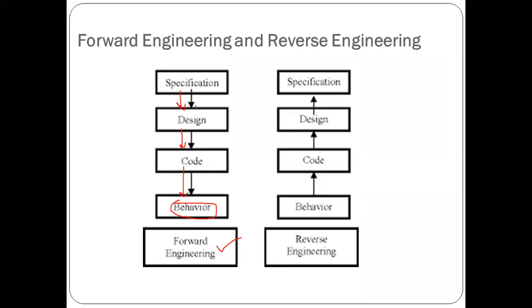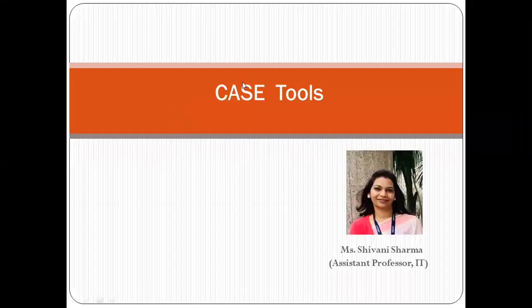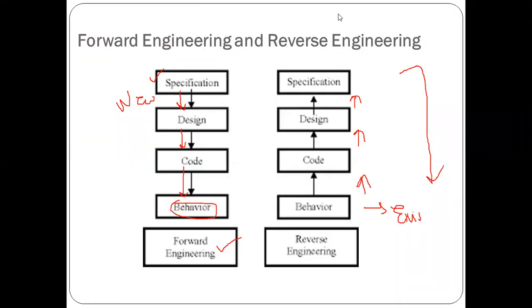Here we are working with the existing system, studying and analyzing it, so we have the opposite approach. We study the behavior, then the code, design and specification. And then we re-engineer it with the help of forward engineering, right? So that's all for this particular lecture. Thank you very much.